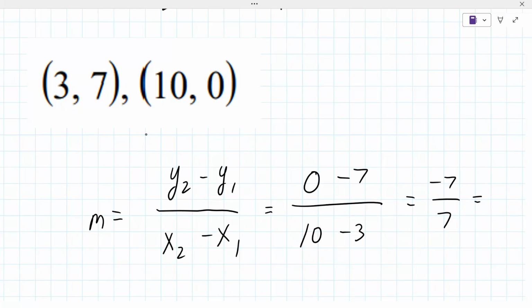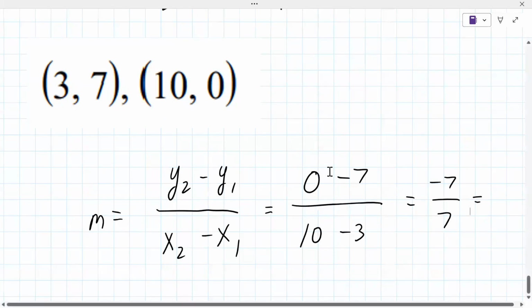You see why it's -7, that the subtraction goes with the 7. Yeah.